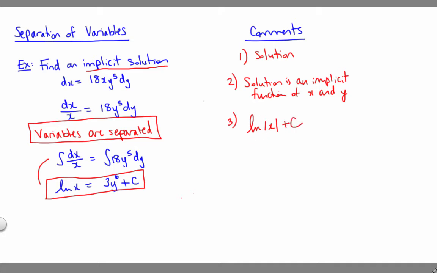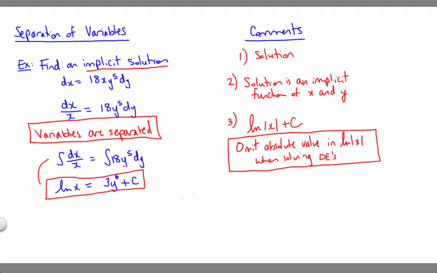So ln absolute value of x. What we're going to do when solving differential equations is omit the absolute value. So omit the absolute value in ln absolute value of x when solving DEs. This is something that's often done, especially in applied courses, just to simplify the solution process.